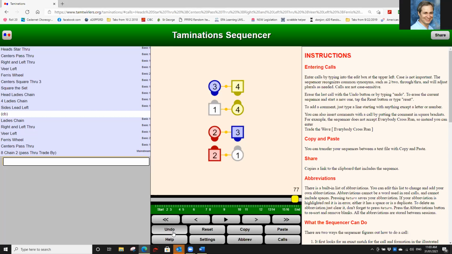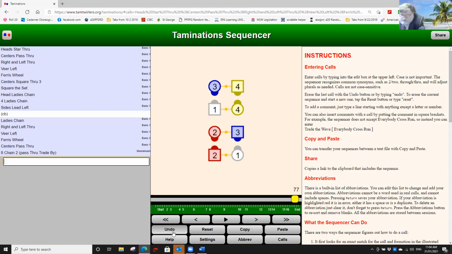Sure. Mike, when I gave my presentation last week, I talked about a box. If boys are all in sequence, but girls are not, pass through trade by technically is a 0. You get to use the same get out. Now the get out here would be boys reverse the flutter.